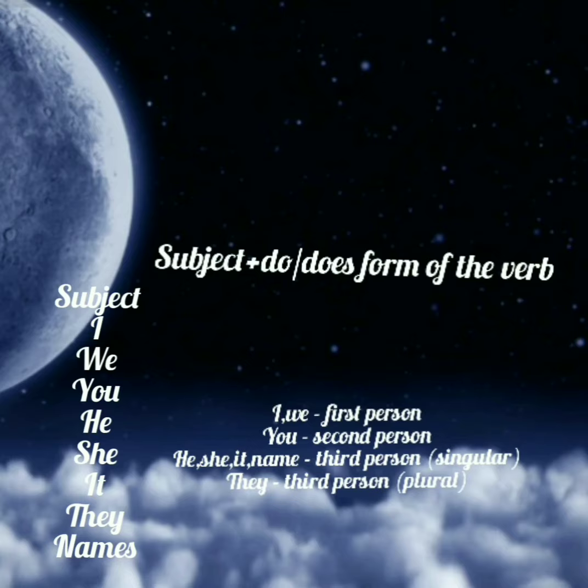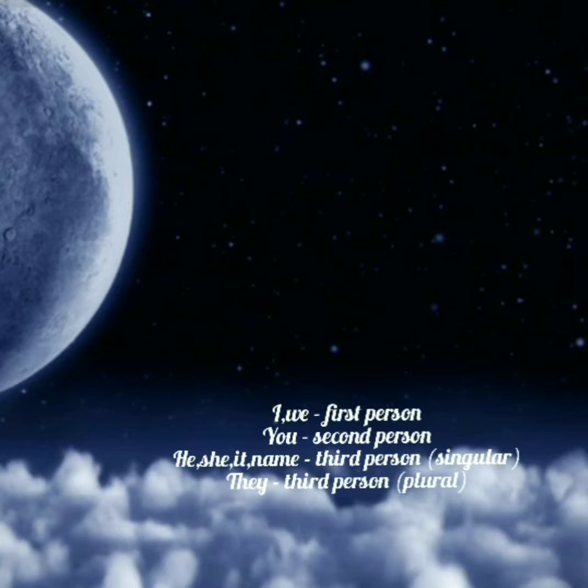In these circumstances, a doubt will arise: which is first person, which is second person and which is third person among these subjects? So I have given examples here. We can consider I and we as the first person, you as the second person, and he, she, it, and a name as third person singular.